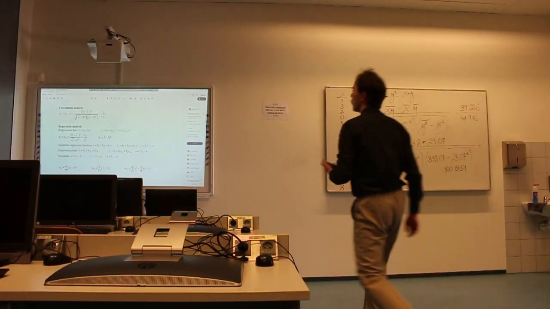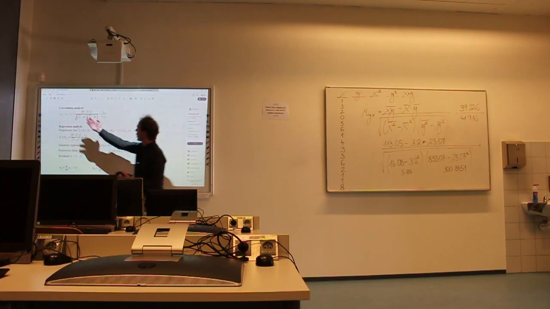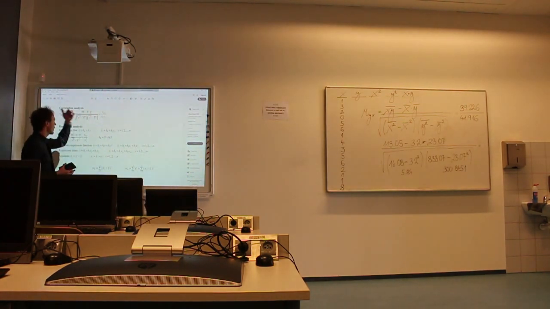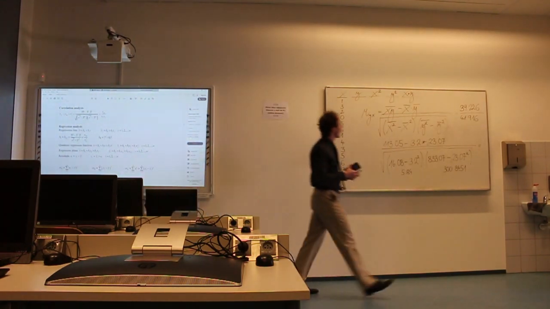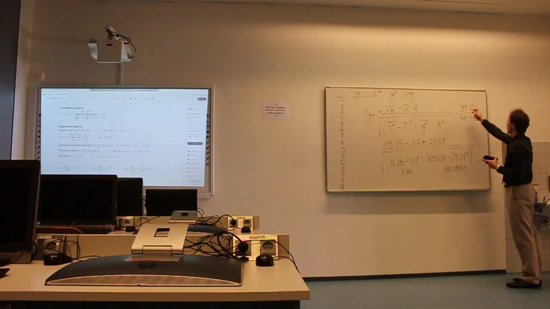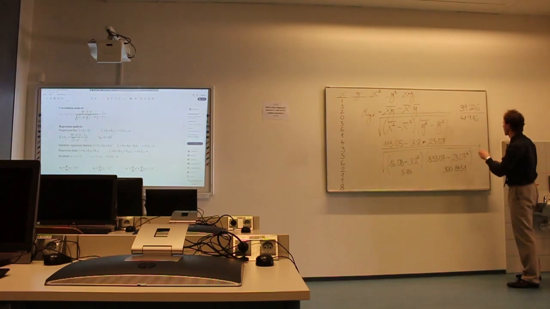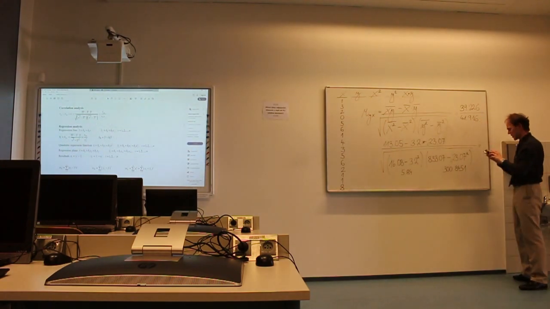If we check the formula for the correlation coefficient, we can see the numerator and denominator here. We calculated this ratio, 39.226 and 41.916.